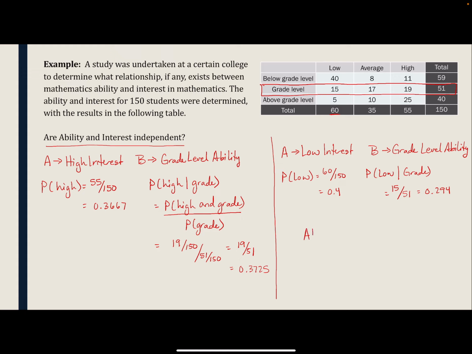So ability and interest are not independent. Right? If they were, they would have to be independent for every different scenario of events that we chose. And since we found one example of two events that are not independent, it means the variables themselves are not independent.